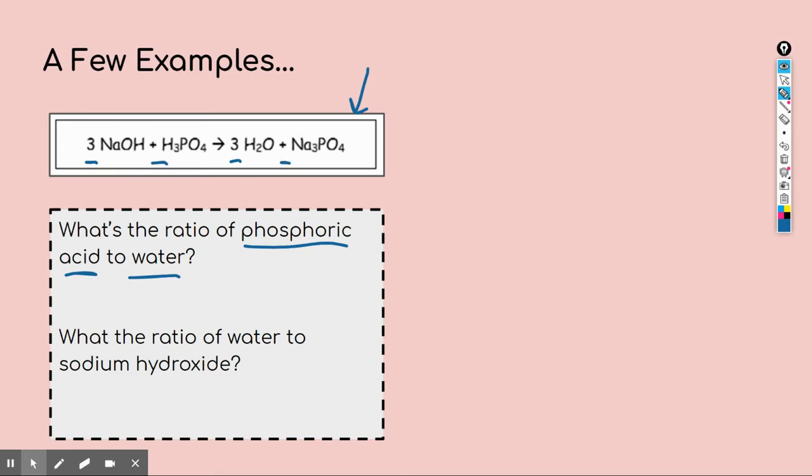So phosphoric acid, well, from a previous unit, we learned that acids start with H. We know that of all of these, we have this that starts with H and this, but we know H2O is water. So we're going to be looking for this first part at the relationship between H3PO4 and H2O. So the ratio is 1 to 3.